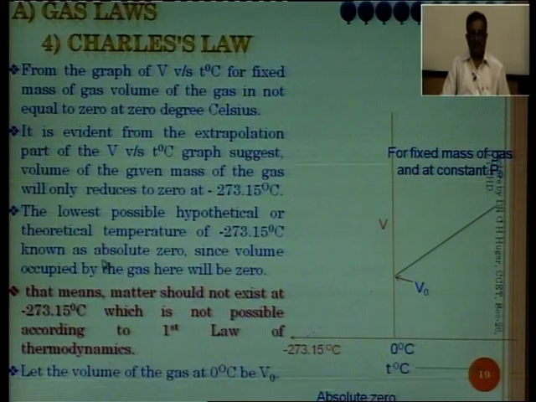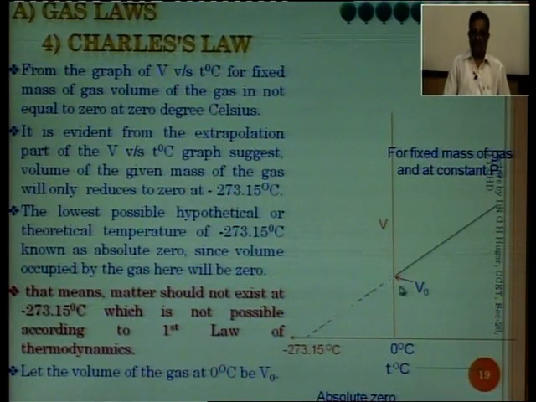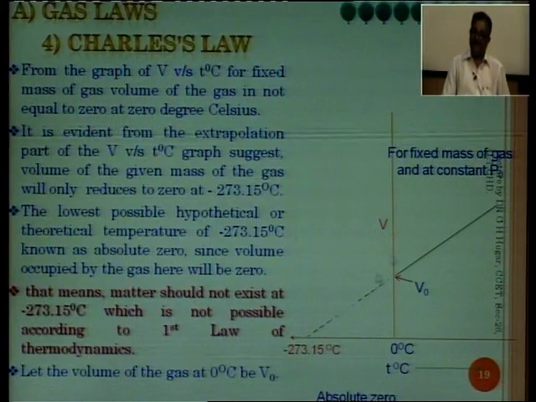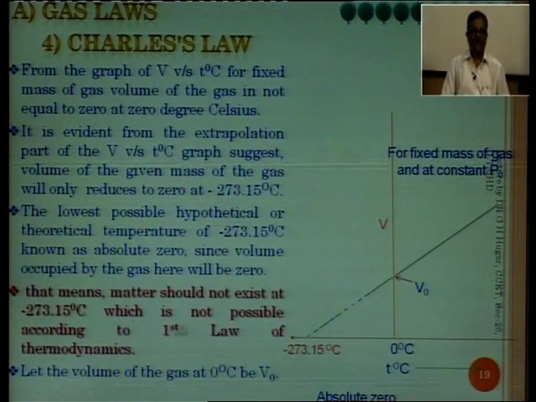It is called absolute 0 because, as you reduce the temperature, as you know from this experiment, volume keeps on decreasing, and the volume will reduce to 0 when we reach a hypothetical or theoretical temperature of minus 273.15. So, if you say you have taken a gas and its volume is going to be 0 at minus 273.15, that means matter should not exist at that temperature, is it not?